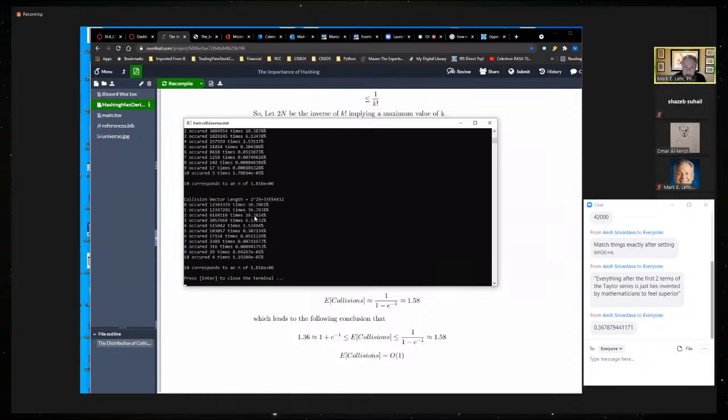Then we go to the next one, which is 3 collisions, so we divide by 3 factorial. It would be 1/6 of 36.8, which is about 6.2. Then the next one would be 4 factorial or 24, so this divided by 24 gives us about 1.5.